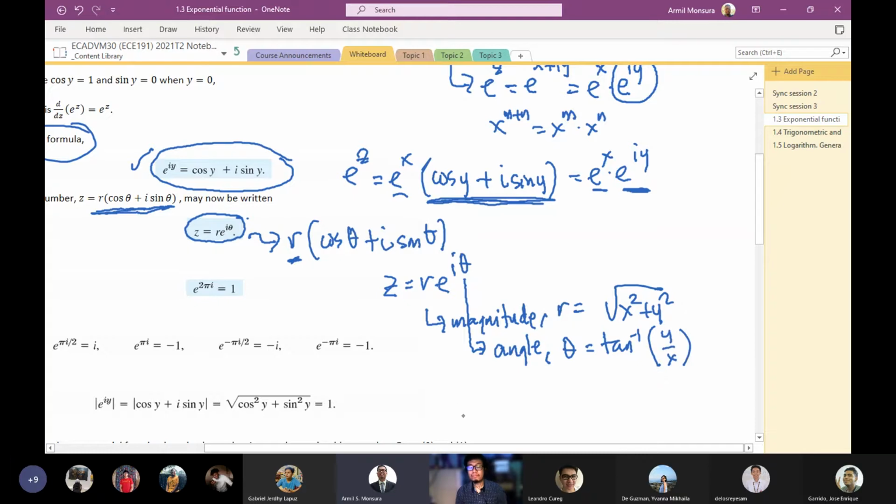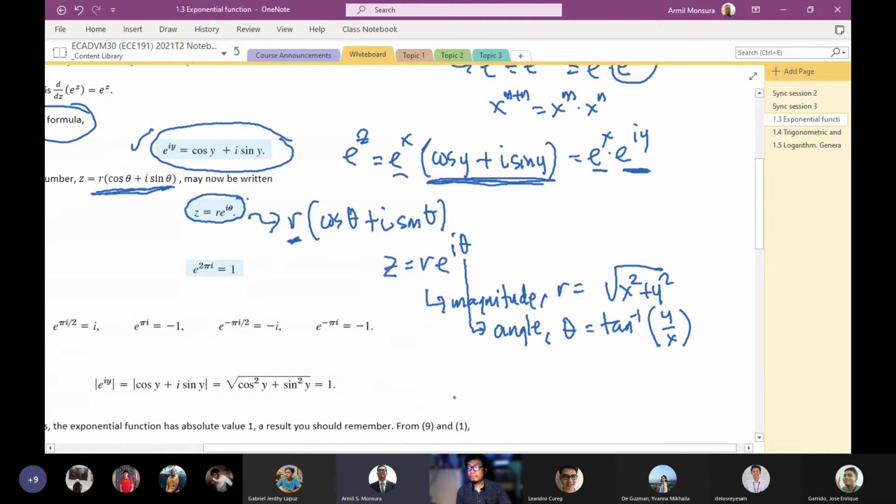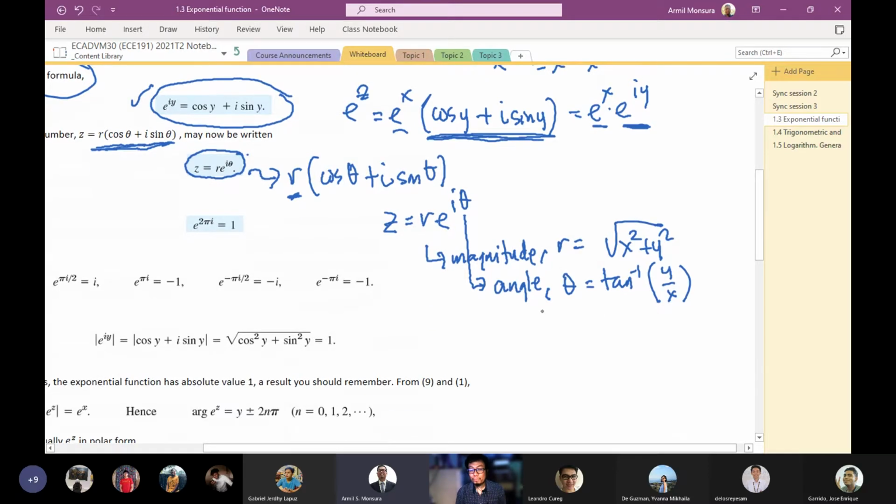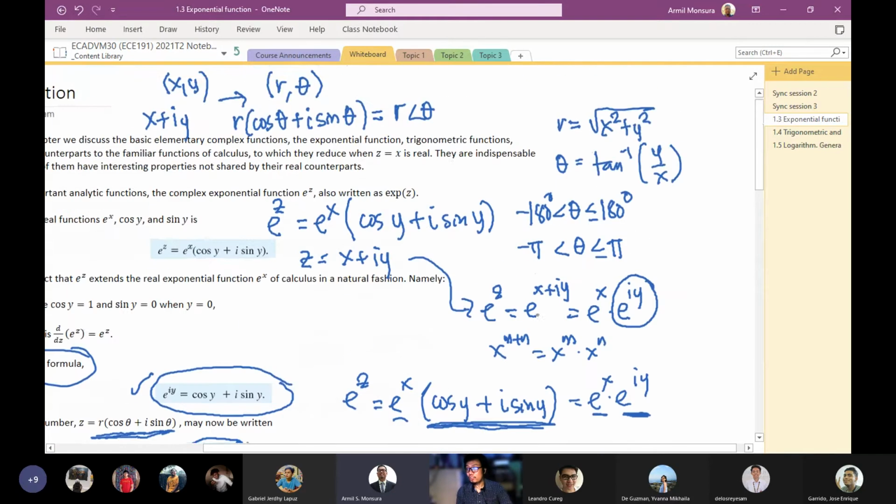Theta is the arctangent of y over x. But there is a subtle difference between yung angle ng polar form tsaka yung angle ng exponential form. Yung angle ng polar form, pwede kayong mag-degrees, pwede kayong mag-radians. Take note na dito sa polar form ninyo, this angle can be measured in terms of degrees.